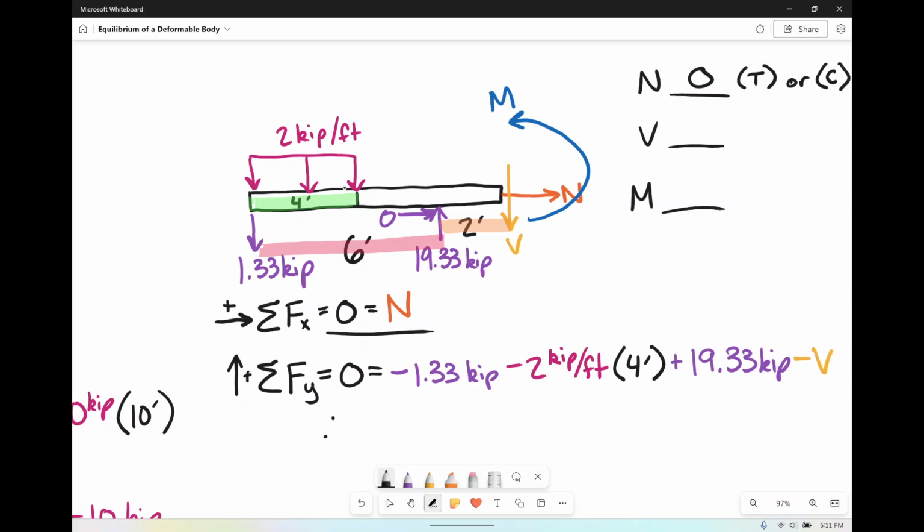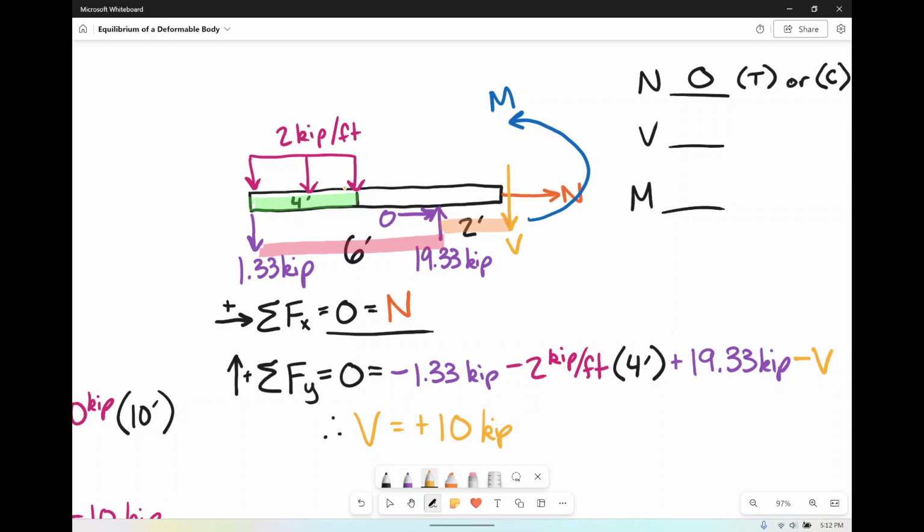So when we do solve for this, we do get that V is equal to a positive value. It is positive 10 kips. So again, when you solve for this equation, the value that you get, positive or negative, is literally just telling you that the direction of the arrow that you drew for it to then incorporate it into this equation was either correct or incorrect.